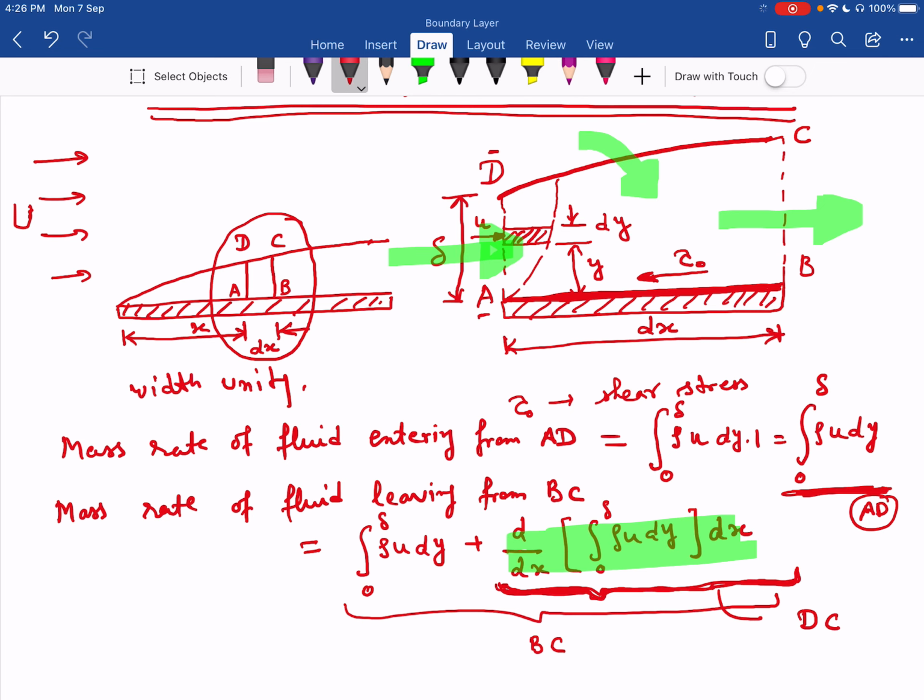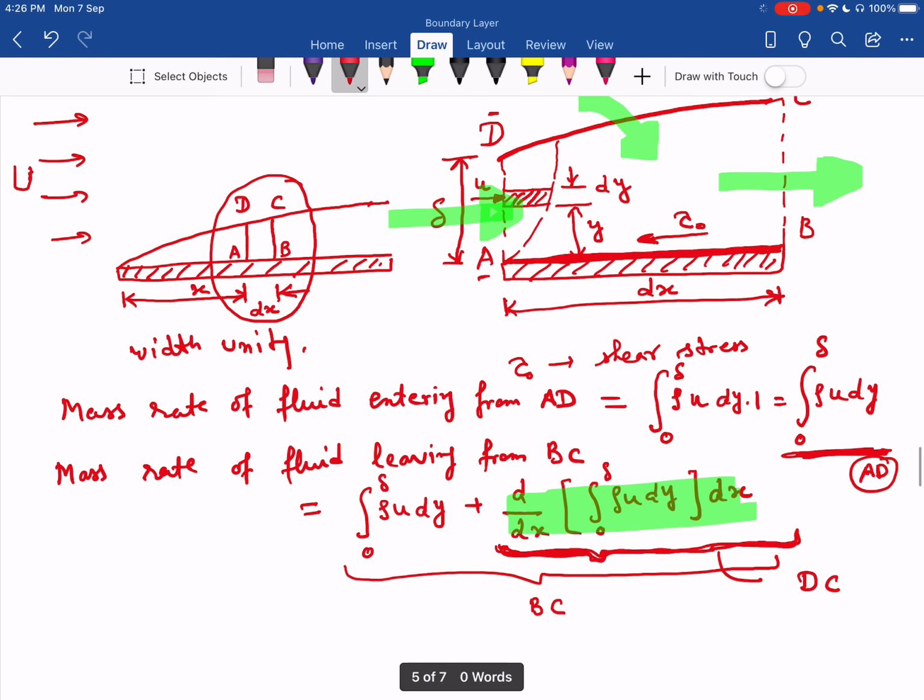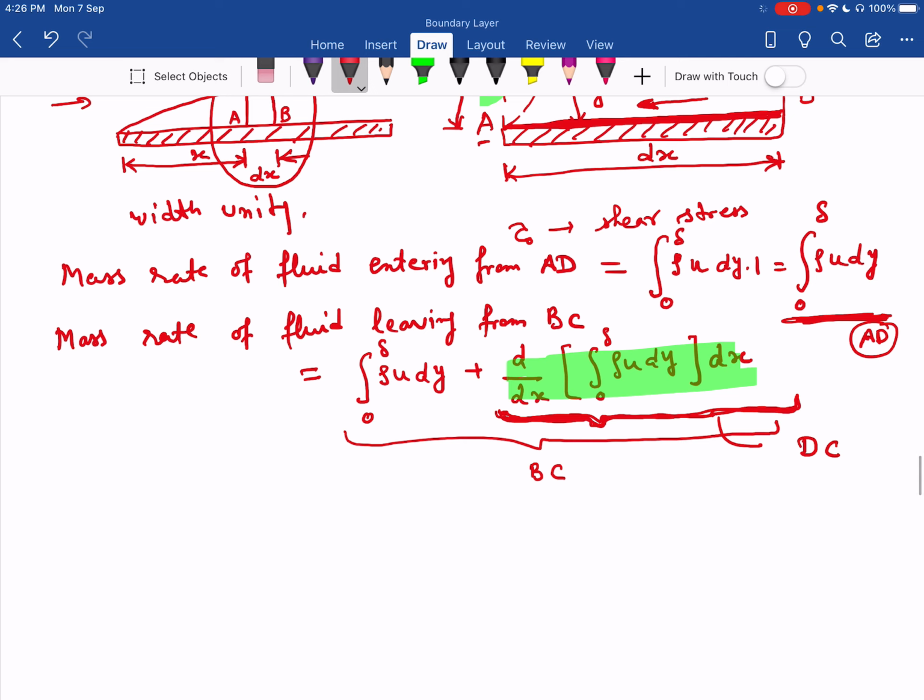Okay, so now you can write the mass rate of fluid entering from DC. So that comes out to be this part.